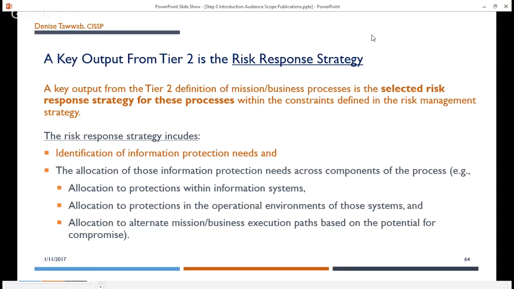For example, allocation to protections within information systems, protections in the operational environments of those systems, and allocation to alternate mission business execution paths based on the potential for compromise. So this is business analysis. You're looking at the business, you're looking at information flows, execution paths, and you're coming up with a risk response strategy at Tier 2.